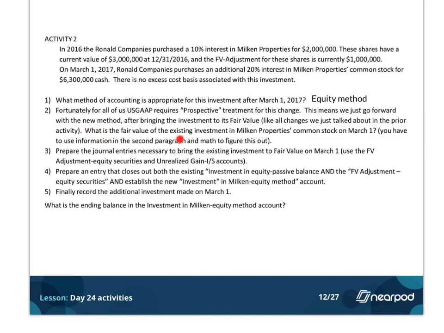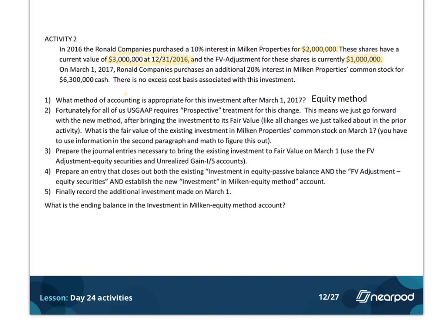So first question here is, what is the fair value of the existing investment on March 1st? So the existing investment, what I'm talking about there is the $3 million investment. That's the value. Okay, there was a $2 million investment account and a $1 million fair value account.